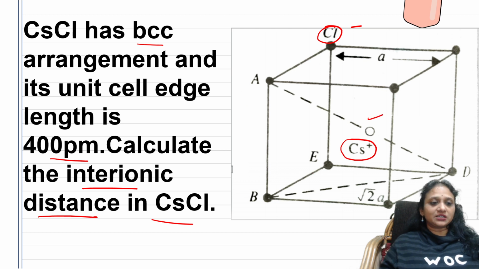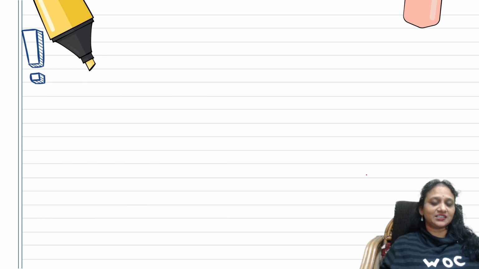So in this question, the chloride ions are present at the corners of the cube, and the cesium ion is present at the body center. Let us write the first one and understand.